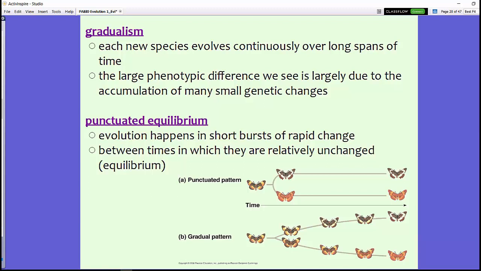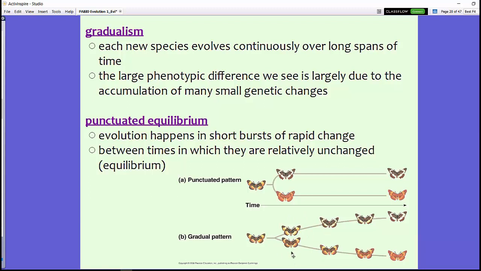There might be large phenotypic differences, so the outward appearance that we see is largely due to an accumulation of many small genetic changes. Remember, our phenotype is what we see. This is our physical appearance, the physical aspect of your genes. If you take a look at this bottom picture here, this is our gradual pattern, or gradualism.